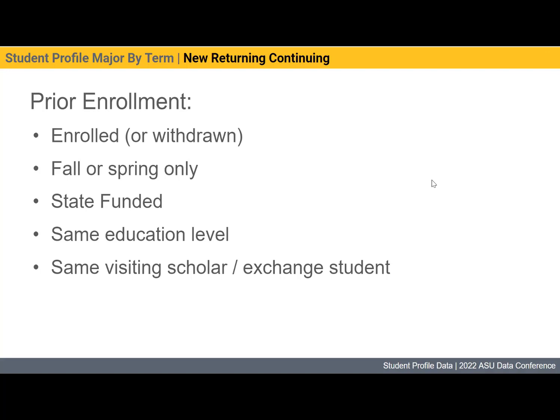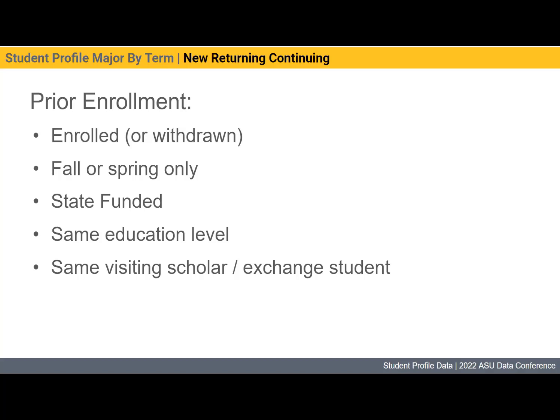When we're checking to see if they were here or not, there's all sorts of rules. I don't think we have time to get into today, but basically it means they are still enrolled or they were enrolled and are withdrawn with a W grade. We only care about prior fall and spring terms. Summer is a bonus. It's not required. The enrollment has to have been state funded. Now there are only a few programs that are not state funded.